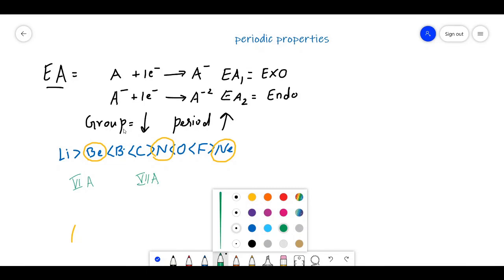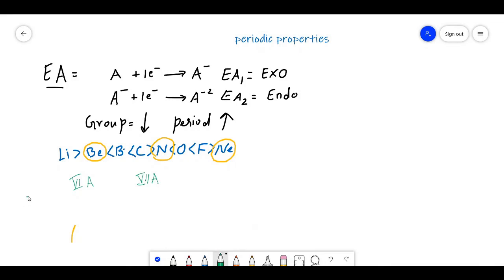Electron affinity decreases. So when you take sixth A group elements, we have oxygen, sulfur, selenium, tellurium, and polonium. So this is the expected order. Top to bottom, it should decrease.